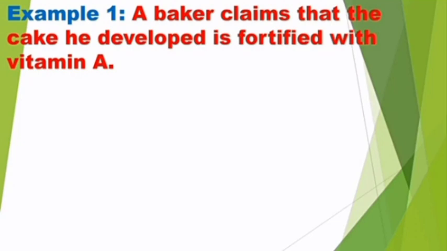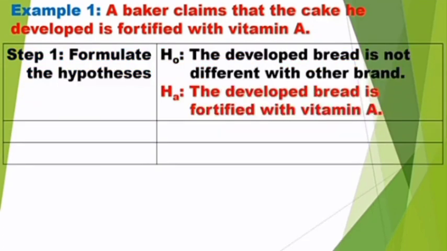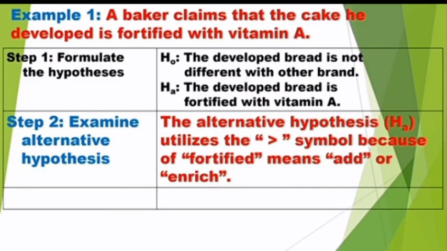Example 1. A baker claims that the bread he developed is fortified with vitamin A. The null hypothesis, denoted by H sub 0: the developed bread is not different from other brands. The alternative hypothesis, H sub A: the developed bread is fortified with vitamin A. Let us examine the alternative hypothesis.